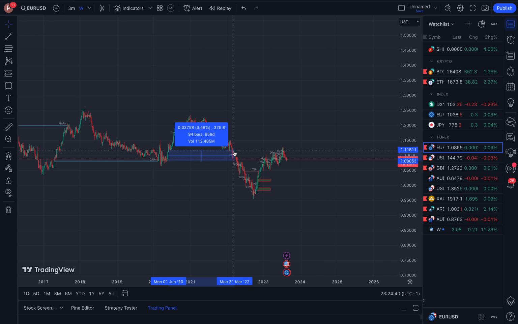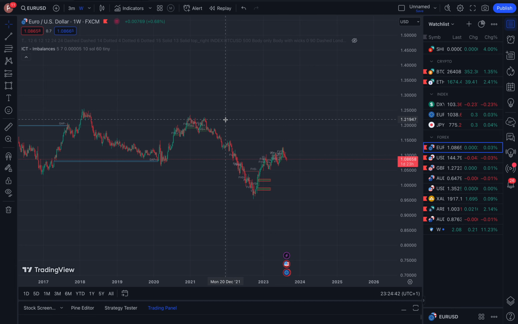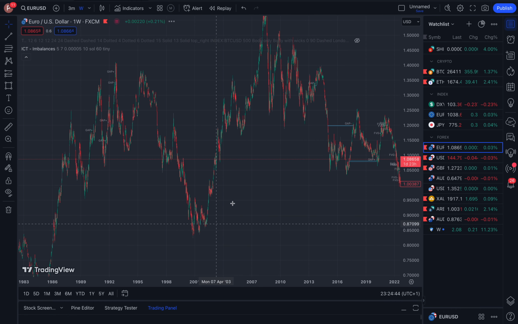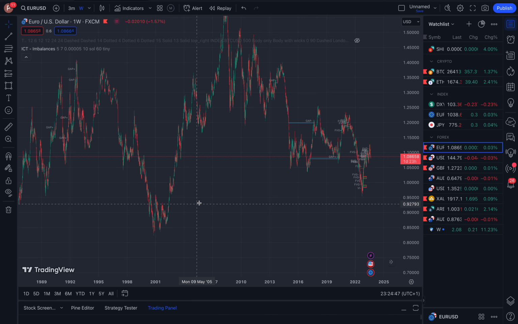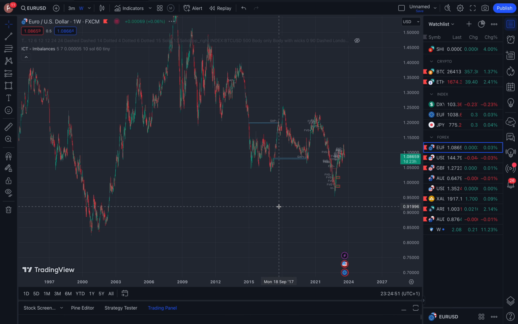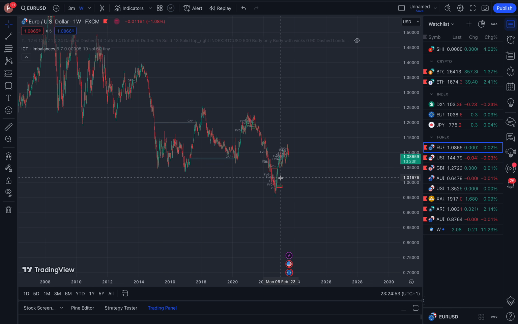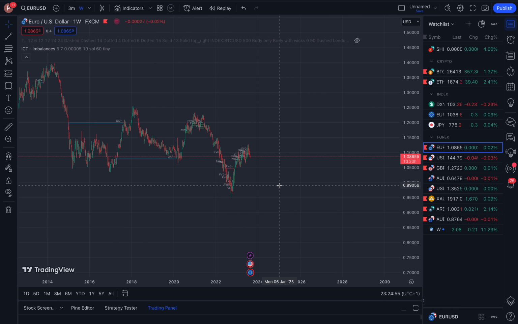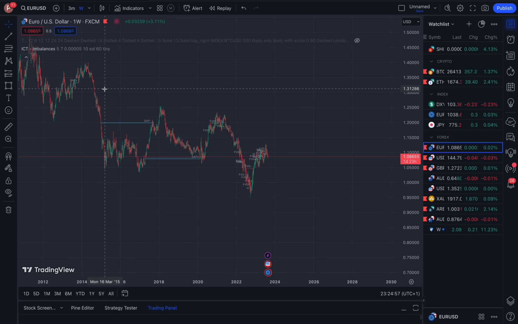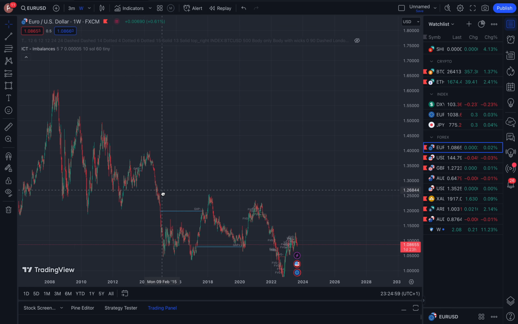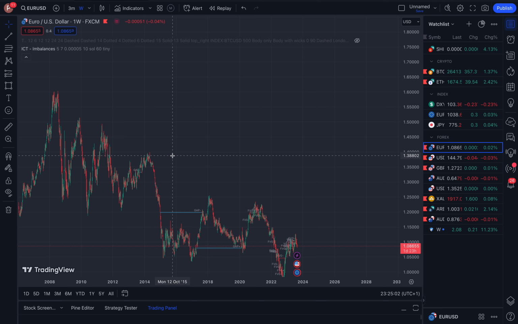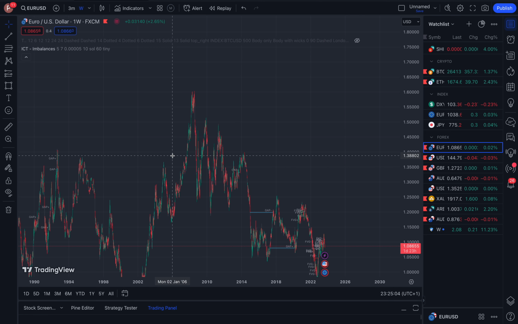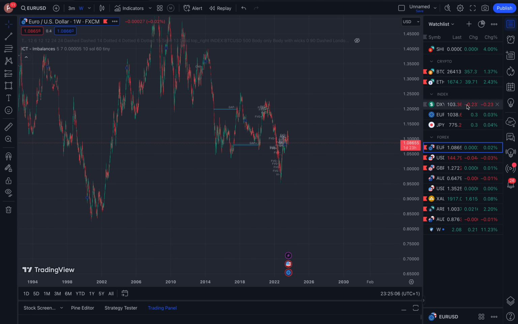They only really got taken out about a year later, in fact. So same with this. We're only tapping into this area now. So I don't think this is a cause for concern, as some people have asked me. And there's also other imbalances up above, about here and here. But I do think that the dollar could be bullish.